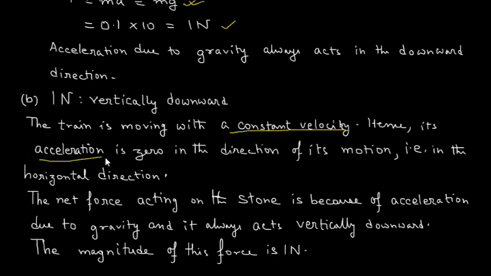We know that for constant velocity, acceleration is always 0 in the direction of its motion, that is in the horizontal direction. The net force acting on the stone is because of acceleration due to gravity, and it always acts vertically downward. The magnitude of the force is 1 Newton.